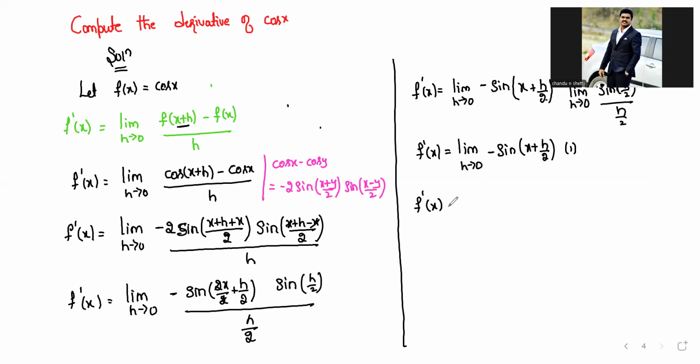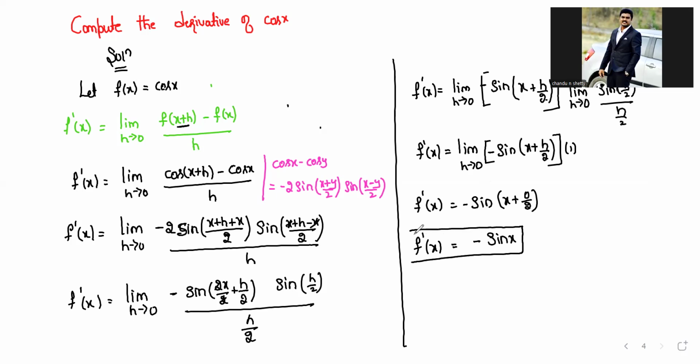Now when we apply the limit, we get minus sin of (x plus 0 by 2). So f dash of x equals minus sin x. So this is the answer for cos x. Means d by dx of cos x formula is minus sin x.